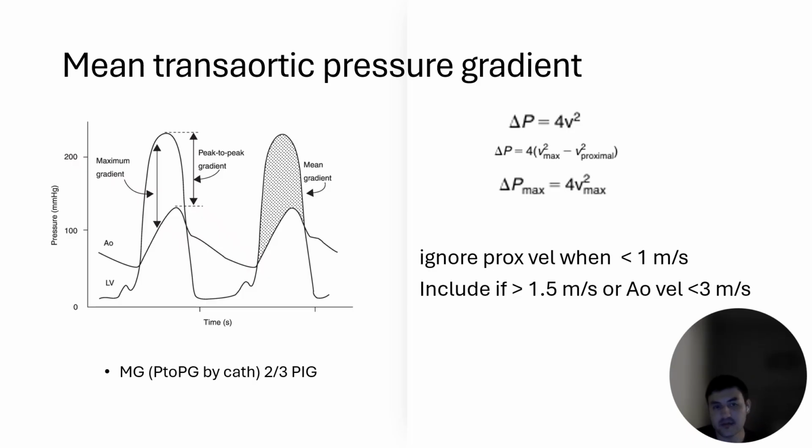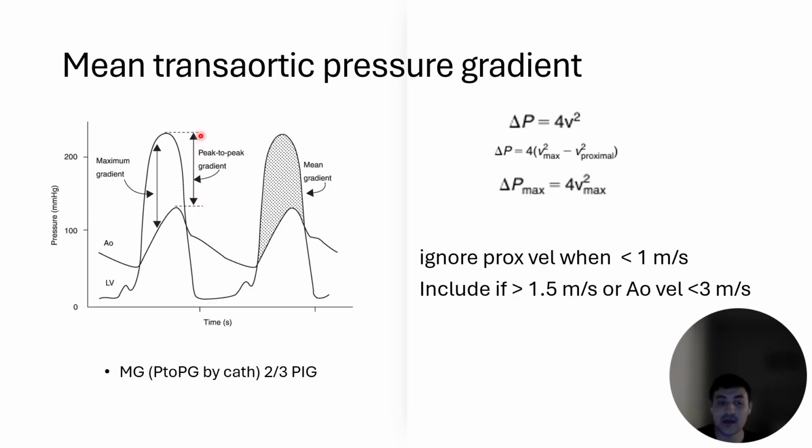So the mean gradient, you see, is the darker area here, the mean gradient between two cavities. But you also have a peak-to-peak gradient and a peak instantaneous gradient. What is the difference? Peak-to-peak gradient is this: you measure the peak of the aorta and the peak of the left ventricle.